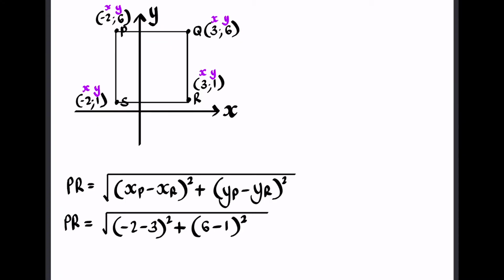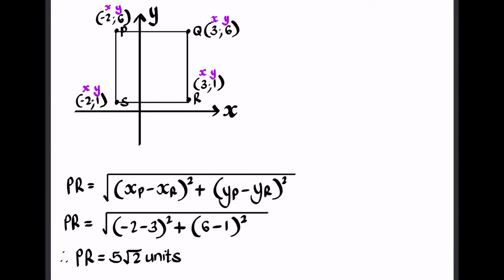Now I'm going to type that into my calculator, and therefore PR is going to equal, now if you simplified it before typing it into your calculator, you'd get the square root of 50. However, you can just type it straight into your calculator and get a simplified answer, and that will be 5 root 2, but it's a length, so I'm just going to write units next to it.